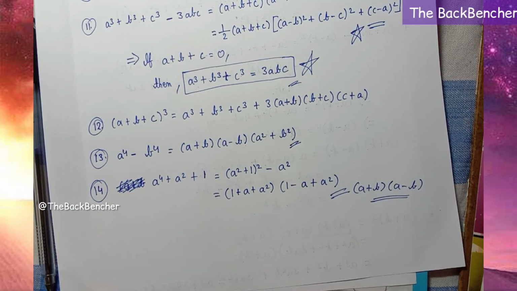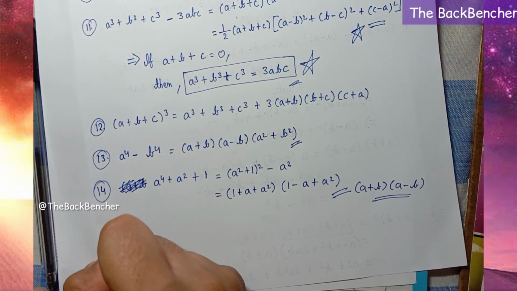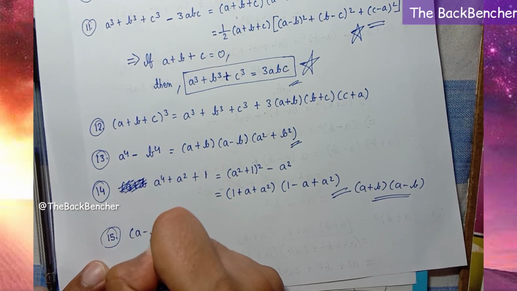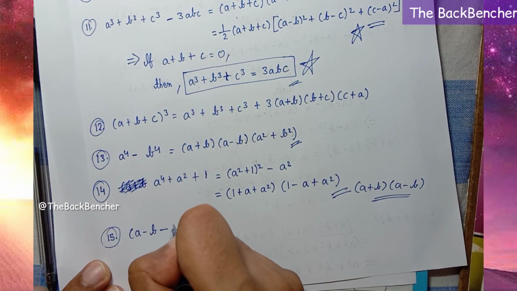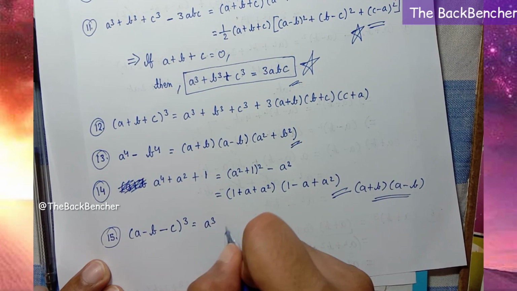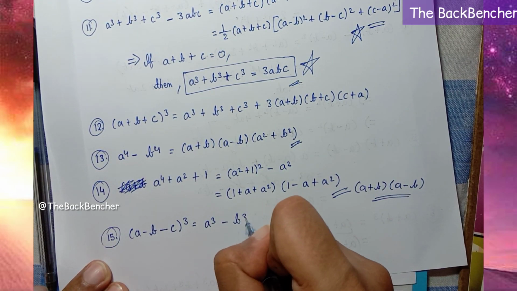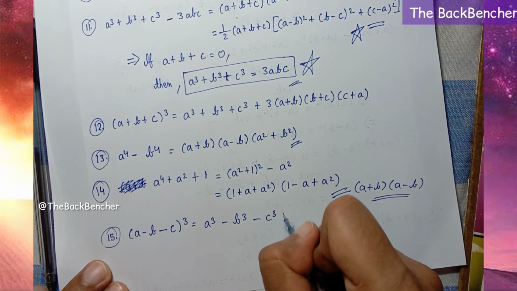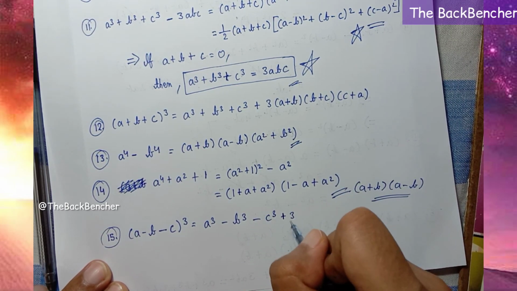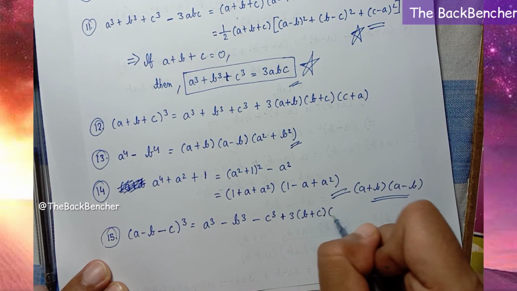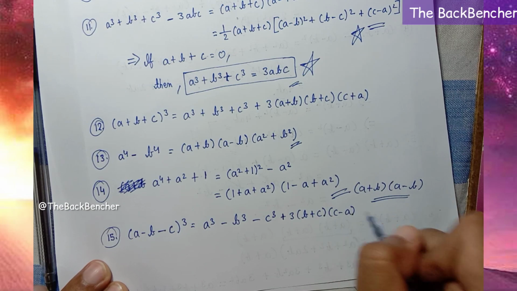Now moving on to the 15th part. Sorry, I forgot, that is a minus b minus c whole cube. That will be a cube minus b cube minus c cube, plus 3 times a minus b, b minus c, c minus a.